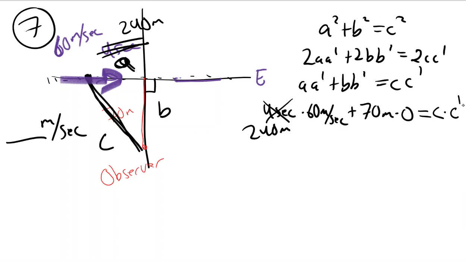But if I'm trying to solve for this, I'm not quite ready there because I don't know C. So we've seen now from practice that we can probably get C over here to the side by thinking of the Pythagorean theorem. So leg squared plus leg squared equals hypotenuse squared.